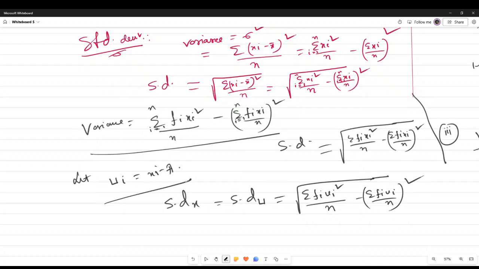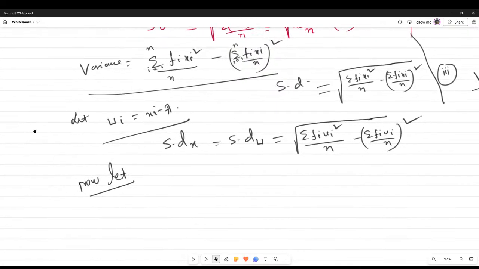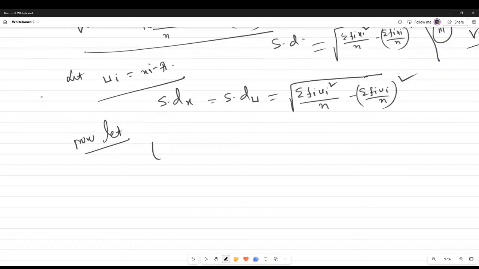But now let ti equal to ui by h, where h is the length of the interval. Then SDx will be what? Remember all these things. You have done this once in class 11. I just remind you. SDx is SDt into h.